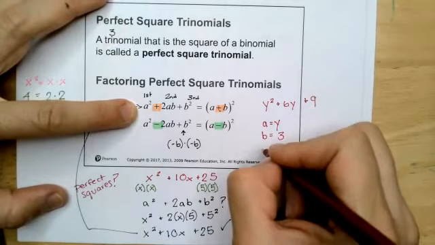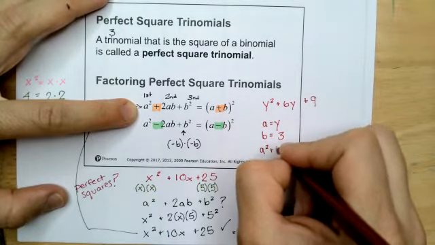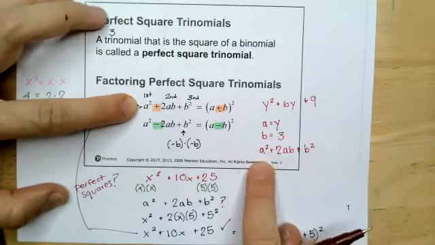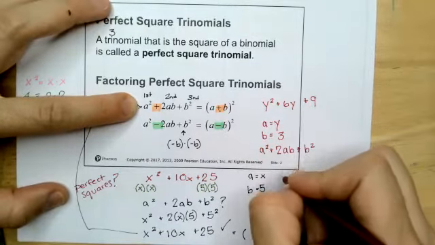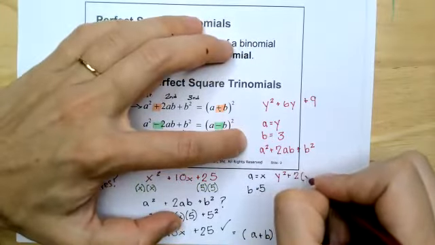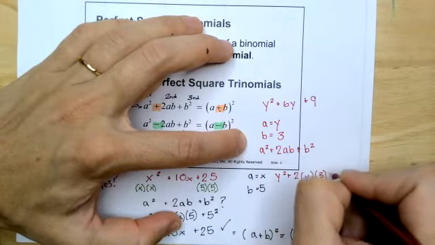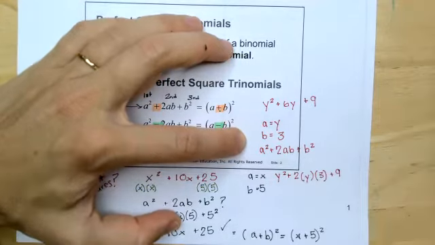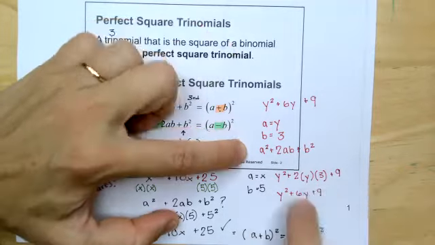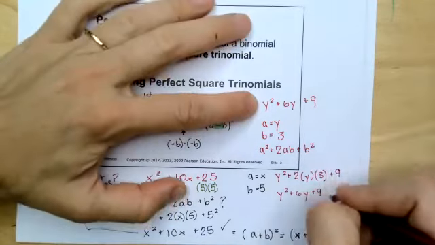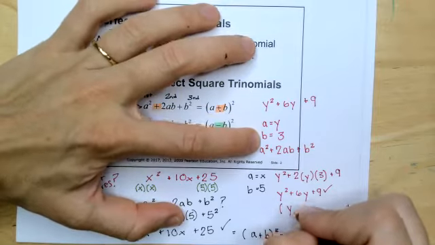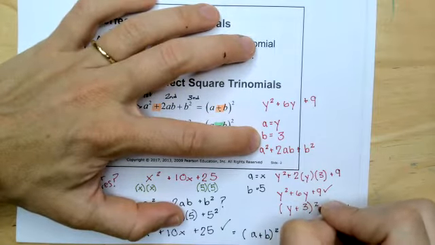So does that mean I have a squared plus 2ab plus b squared here? That means I would have y squared plus 2 times y times 3 plus 3 squared, which is 9, right? Y squared plus 6y plus 9. Yes, right? So that means it is a plus b squared.